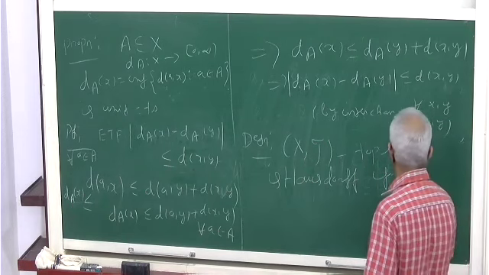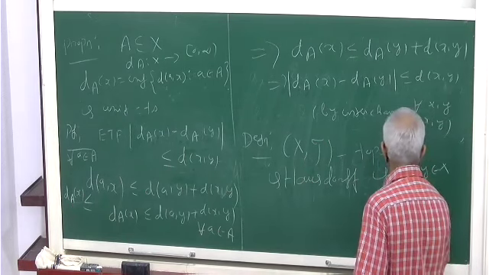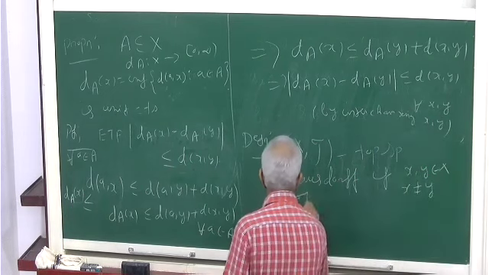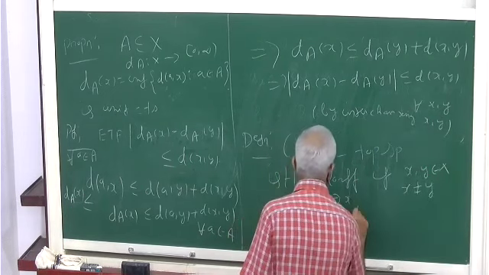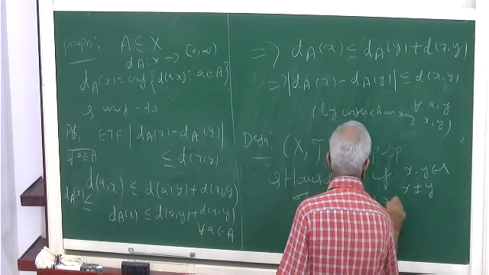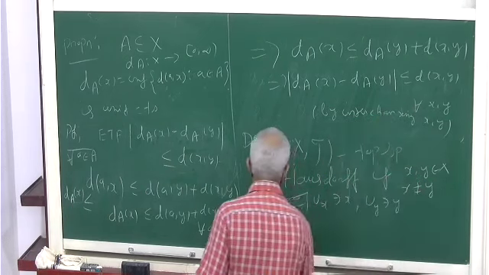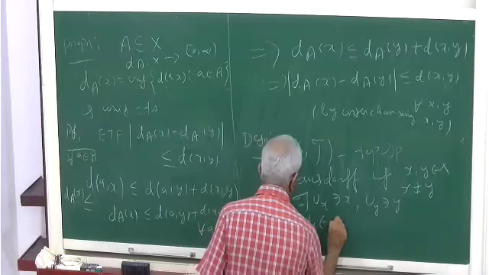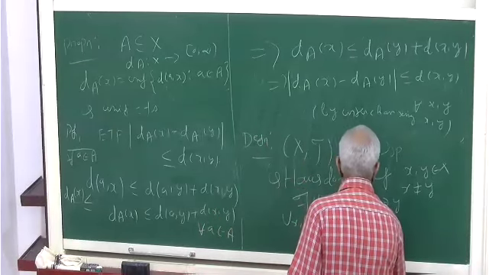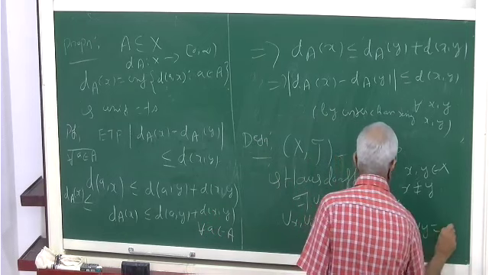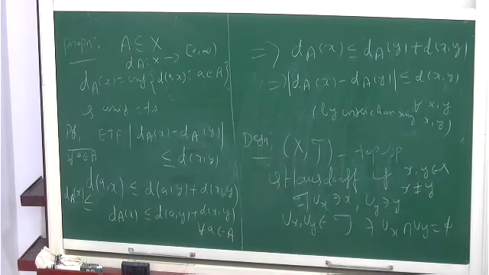That is, if x and y in X, x not equal to y, then there exist U_x which has x and U_y which has y, open sets in that topological space, such that U_x intersection U_y is equal to empty. If you have two points, then there are open sets around those points which are disjoint. This is what is called the Hausdorff property of a topological space.